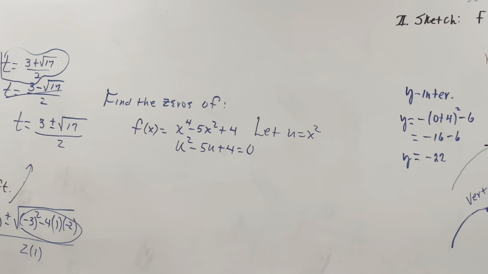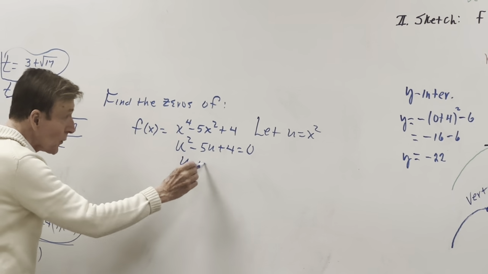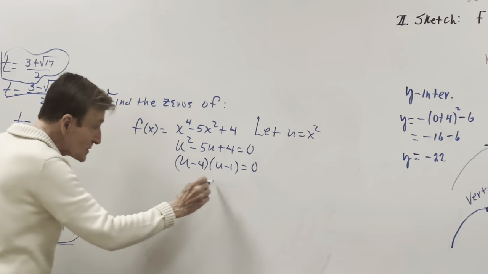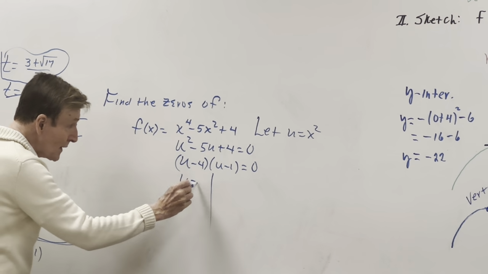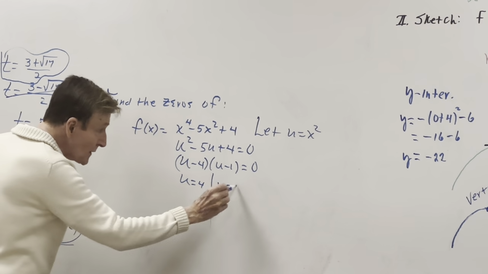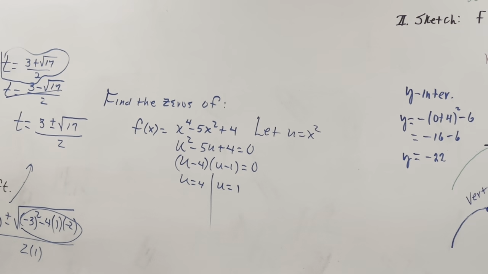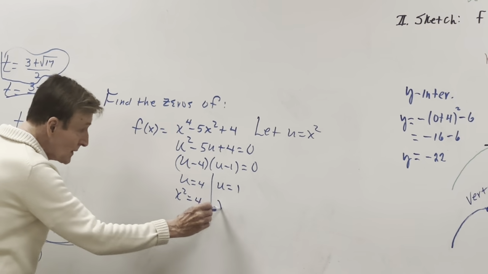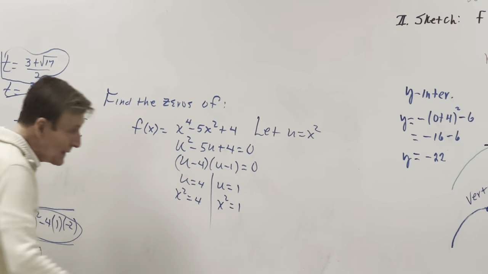So you did it. Then you factored: u minus 4, u minus 1. You split these up. So far so good? U was representing x squared, so that's x squared is equal to 4, and this is x squared is equal to 1.